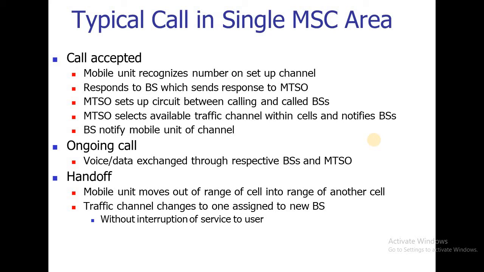The base station notifies the mobile unit of a channel. On an ongoing call, voice or data is exchanged through the respective base stations and mobile switching centers. So you communicate through a pre-established channel.